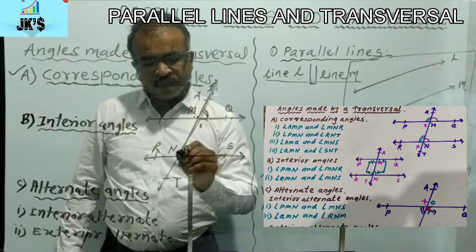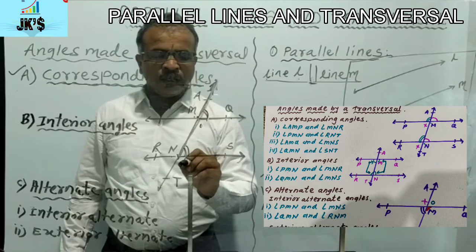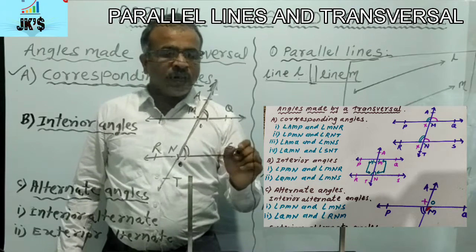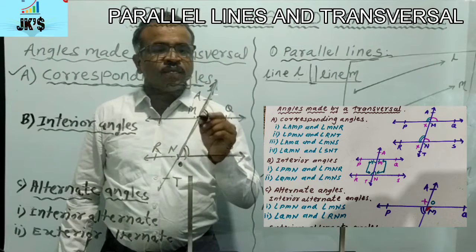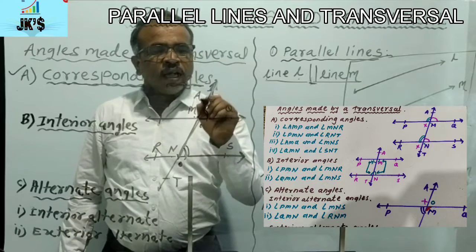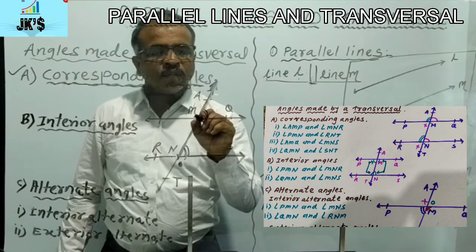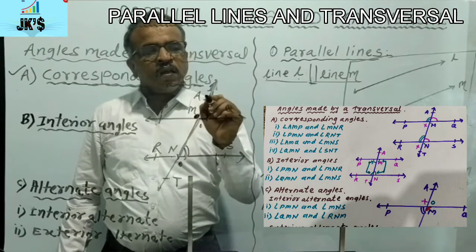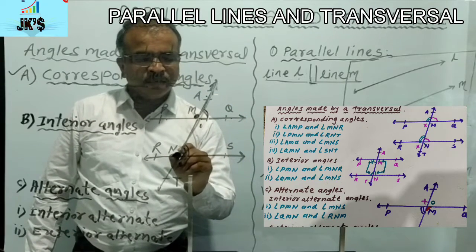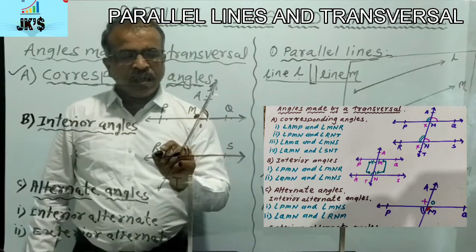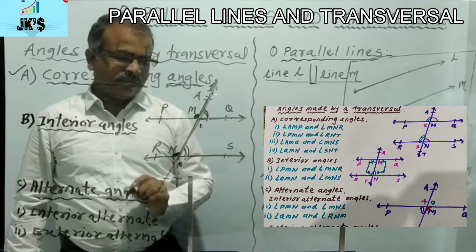QMN and angle SNT. This is the second pair. Third pair is angle AMP and angle MNR.